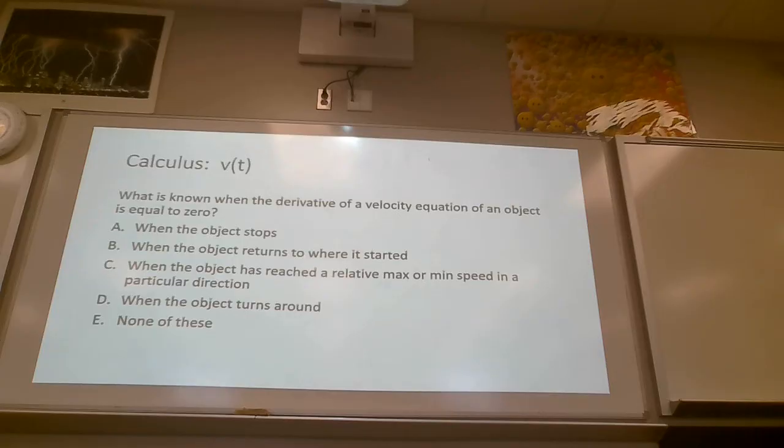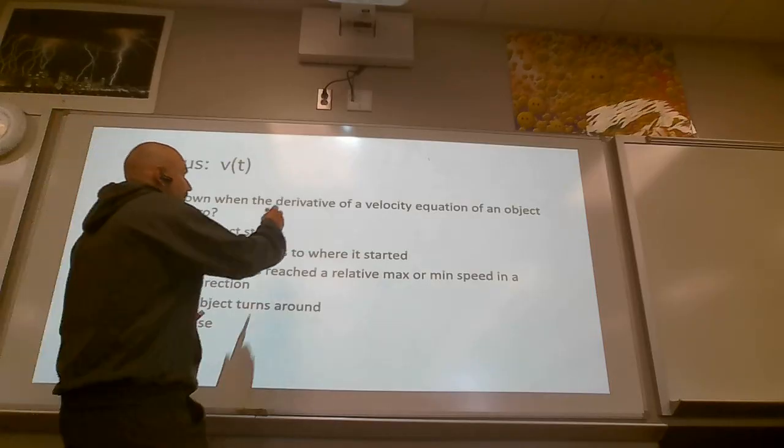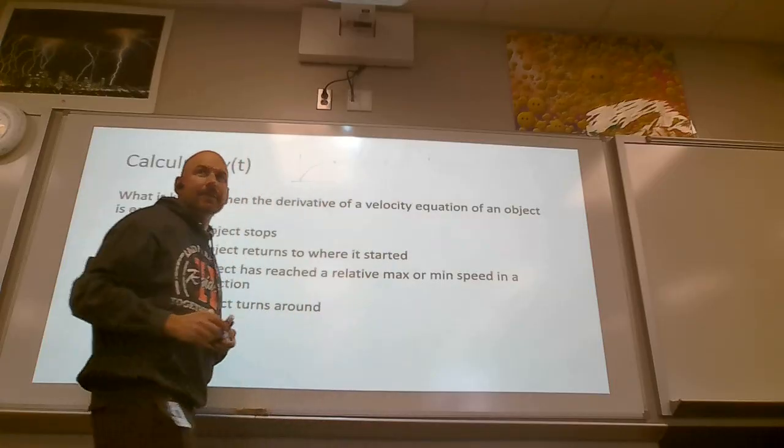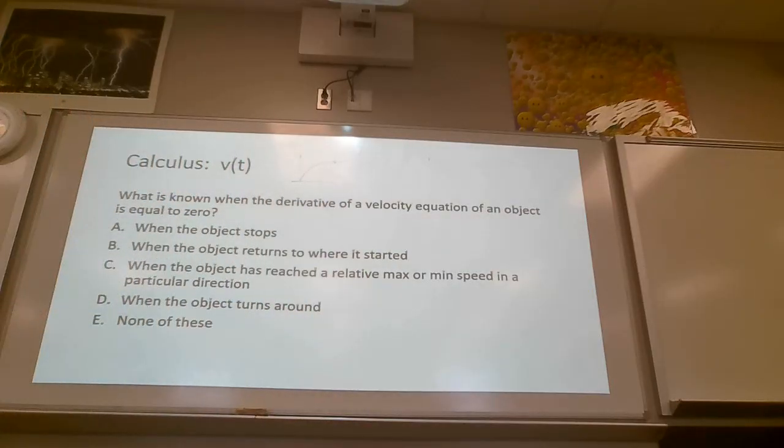When the derivative of velocity is 0, it's like a certain local maximum. Typically, the answer would be C. But if you have an inflection point, you're still getting faster.